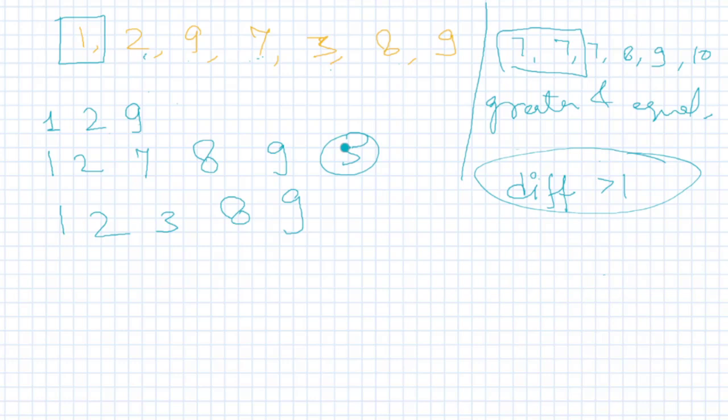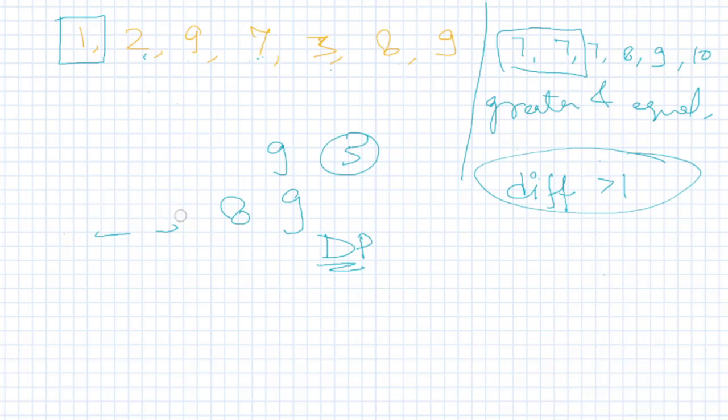Now let's look at how to do this. This was a basic approach, but going and checking with each and every element won't be possible. So we'll be using DP here. Give me a minute.